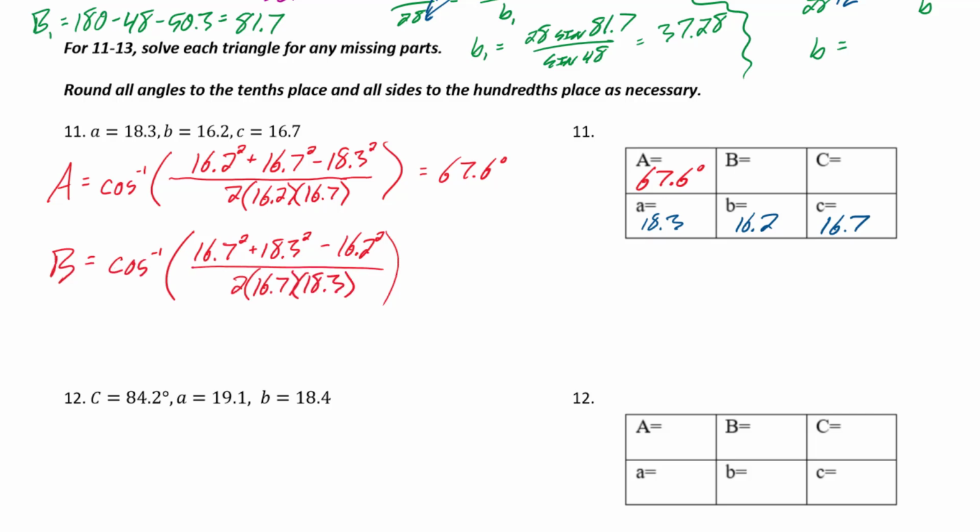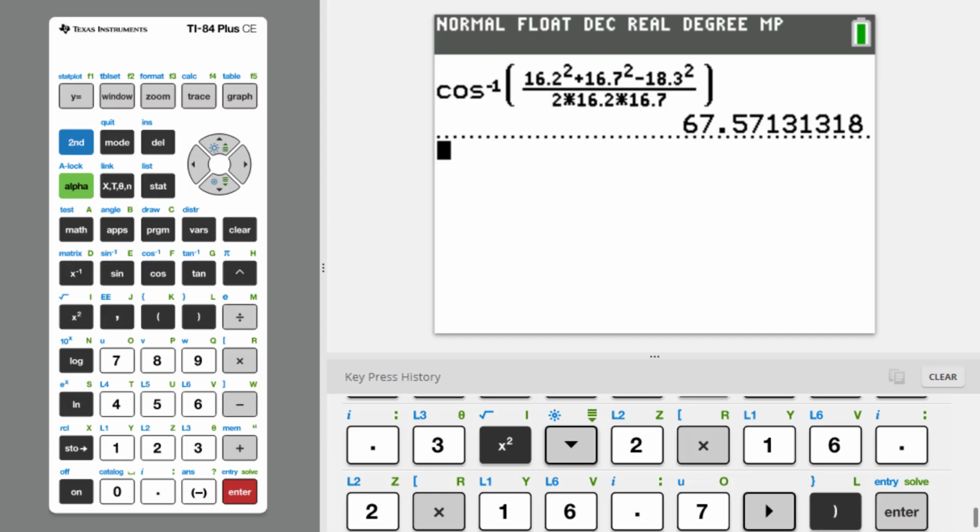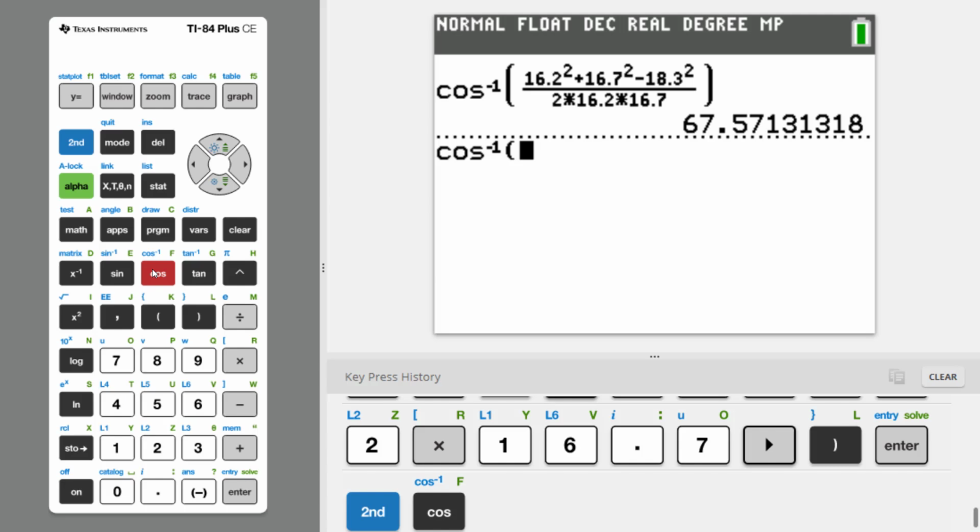And so once again, bring up the calculator. We've got the inverse cosine of, and then I've got my fraction template. So again, alpha y equals, first option.